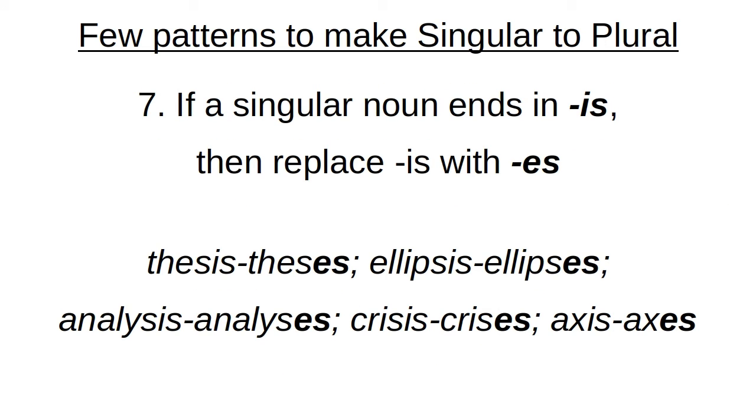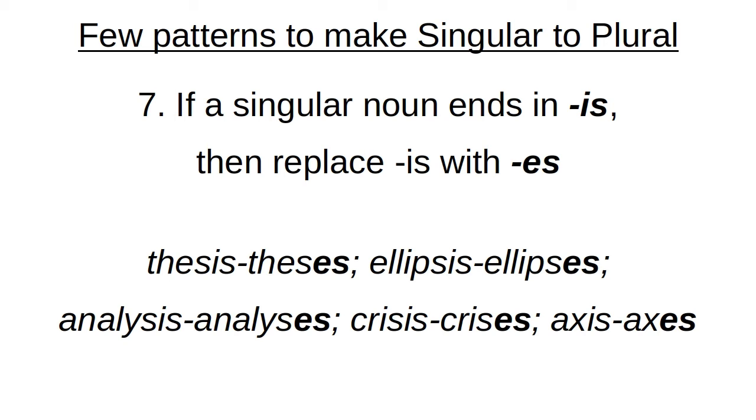Now there are words that end in IS. Then we replace the IS letters with ES. So thesis becomes theses. THESIS, IS is replaced with ES. The singular is thesis, one thesis. Whereas if there are multiple, more than one, then we call them theses, THESES.